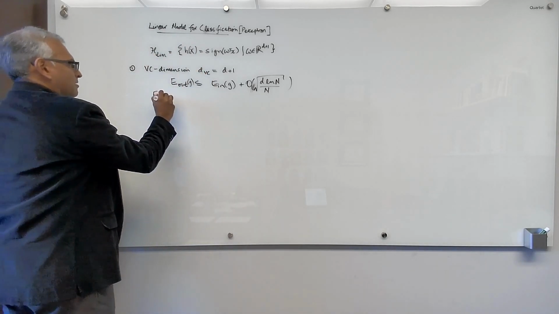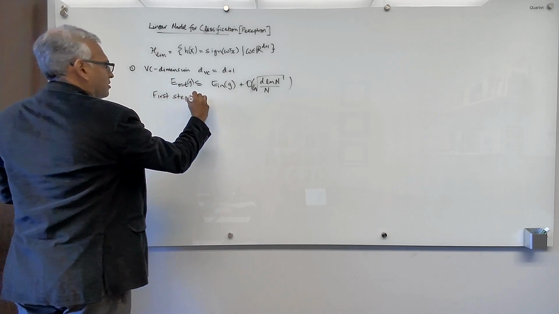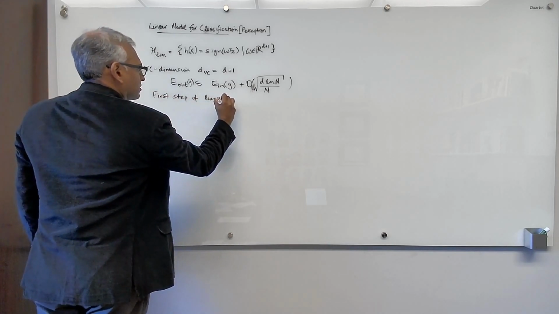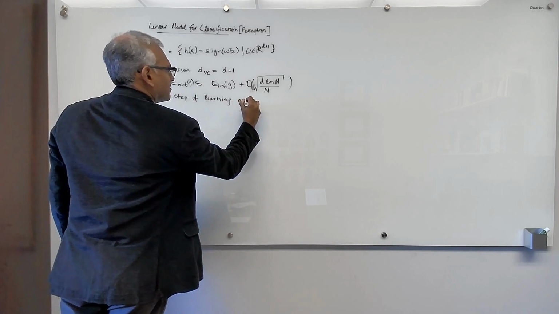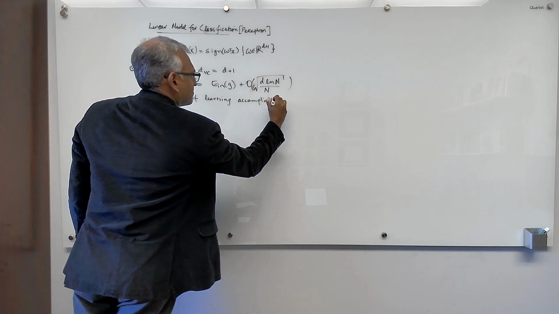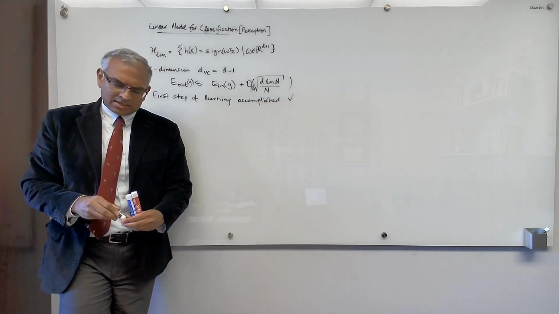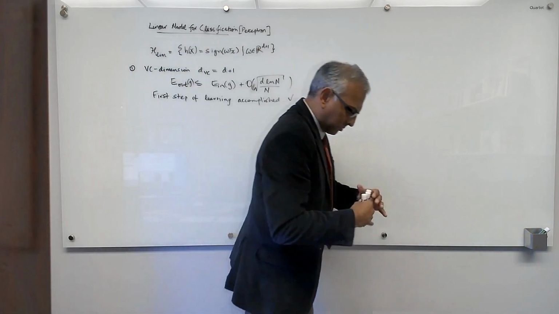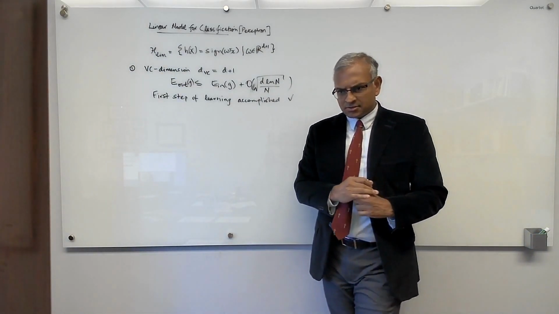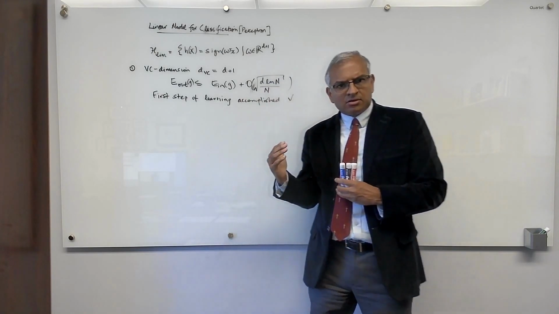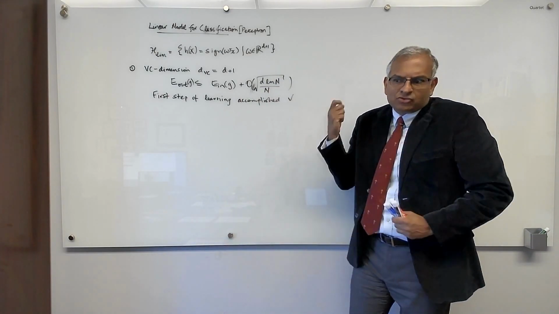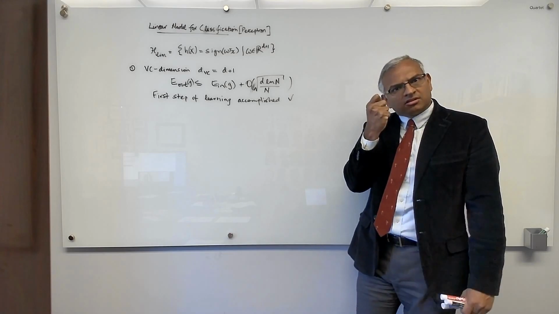First step of learning accomplished. Check mark. And so you're approaching a machine learning problem and you're picking your hypothesis set. This is the kind of workflow that you have to implement. You have to check, have I accomplished the first step of learning?